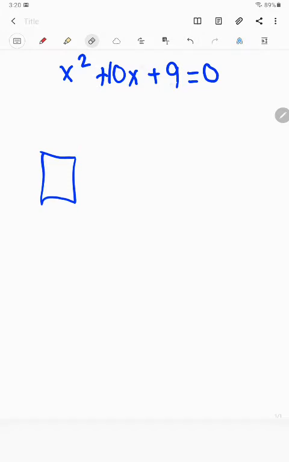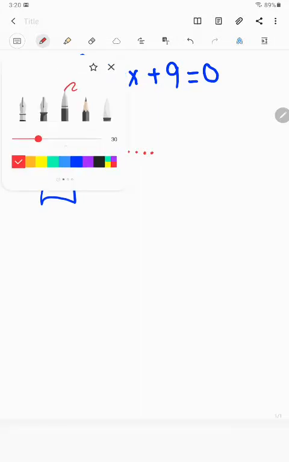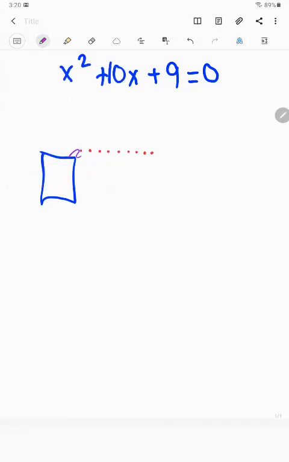How else could I arrange 9 as a rectangle? Well, my only other option is a 1 by 9. 1, 2, 3, 4, 5, 6, 7, 8, 9. And that would give me 1x, 2x, 3x, 4x, 5x, 6x, 7x, 8x, 9x.